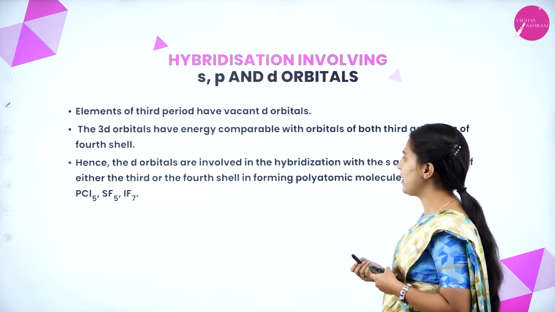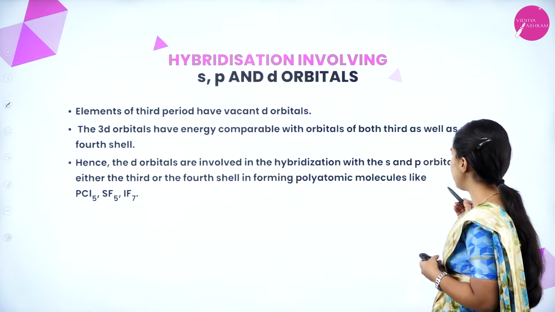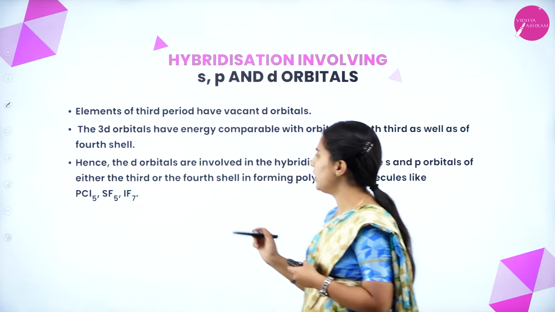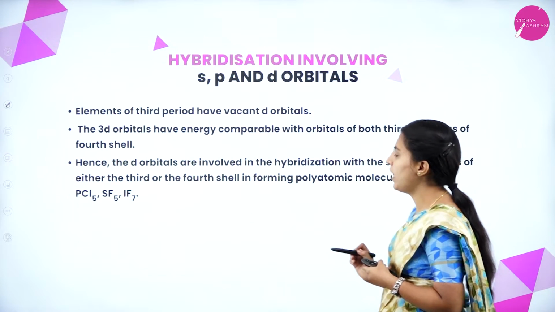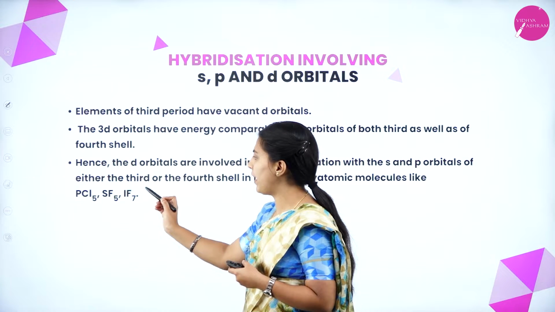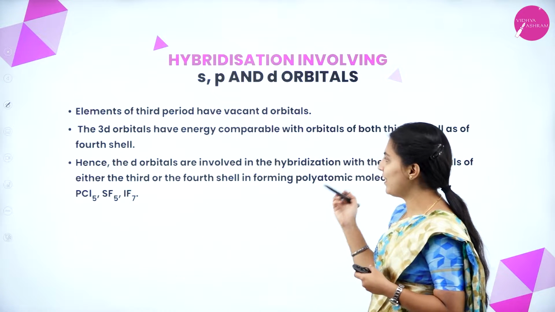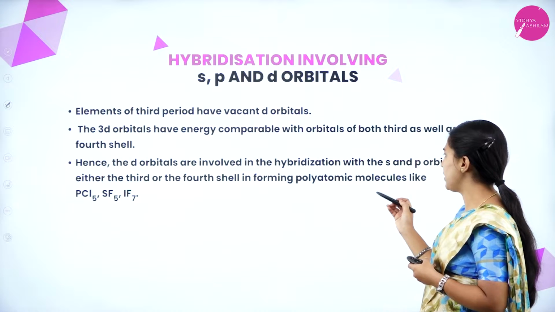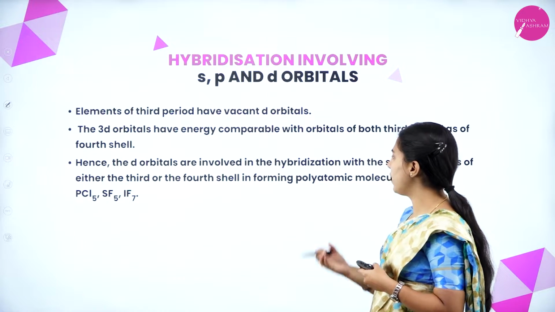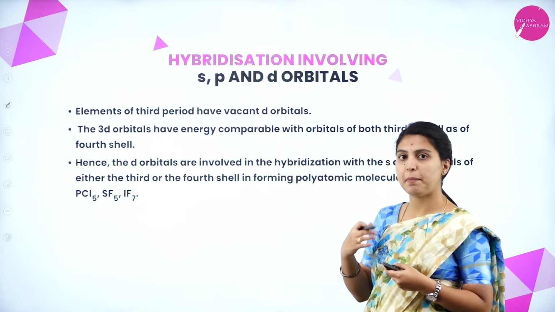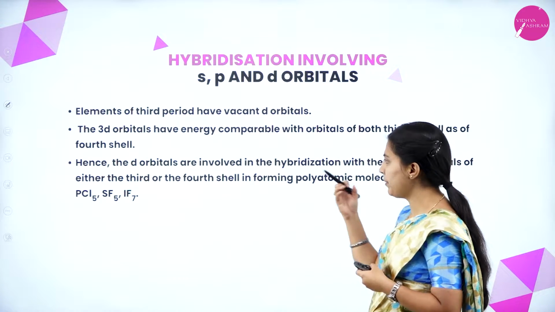Hence the d orbitals are involved in the hybridization with the s and p orbitals of either the third or fourth shell in forming polyatomic molecules like PCl5, SF6 and IF7. Poly means many atoms will be present here.